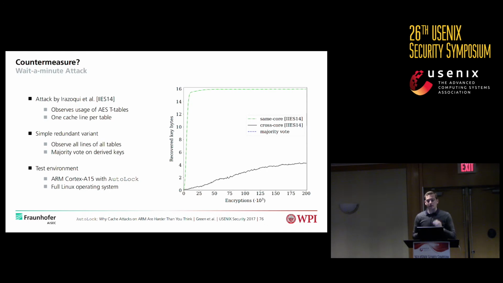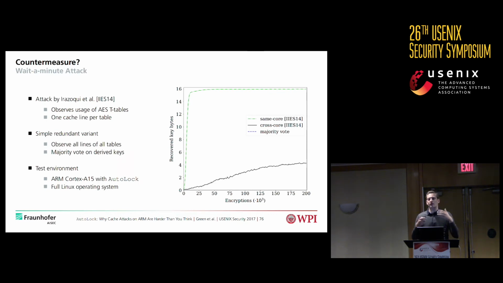The fact that we even see something is exactly this effect of remote eviction. One of those lines we were observing in the original attack might just not have been affected by AutoLock. So in the cross-core scenario, this way we cannot do an attack.